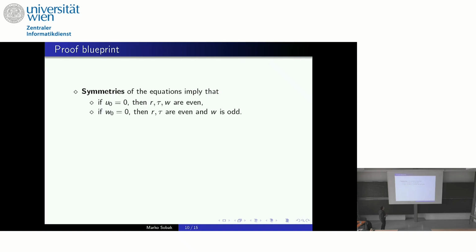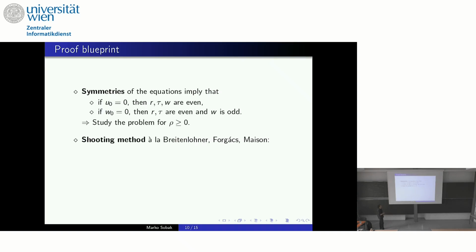In particular, it suffices to study the problem only forward in ρ. As I mentioned before, this is a more general fact. You don't need to assume that one of them is 0, but then you don't get this nice symmetry of the quantities. You get some sort of reflection law depending on the chosen initial conditions. But you can always study the problem only forward in ρ.